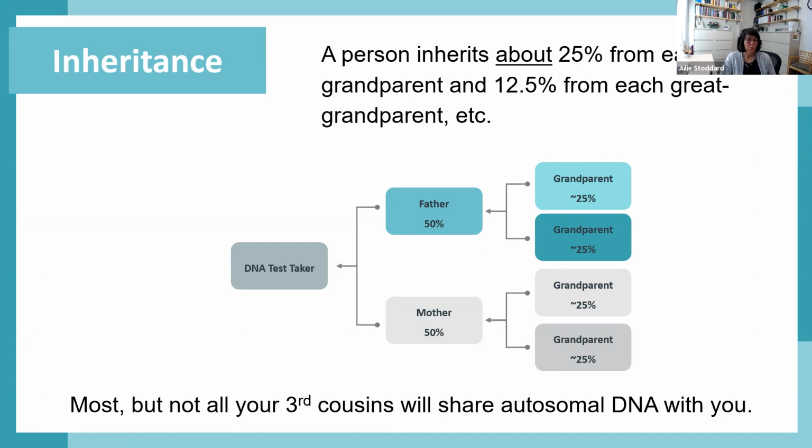So if you by some chance know who your 4th cousin is and you've tested and you're like, oh no, they're not on my DNA test results, well, that's not too surprising. So far to date, of all the studies that have been done, you always share DNA with your 2nd cousin. You will share at least some segments with a 2nd cousin.